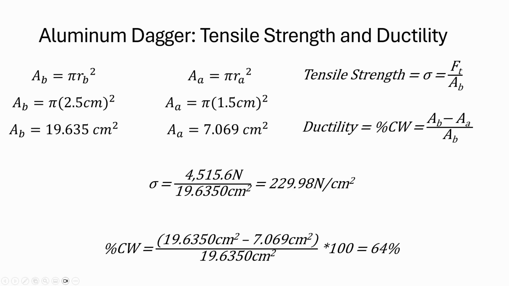Now we can use the formula original cross-sectional area minus the final cross-sectional area, all divided by the original cross-sectional area. We will then multiply by 100 to get a percent. This means we will do 19.635 centimeters squared minus 7.069 centimeters squared, all divided by 19.635 centimeters squared, and multiply all of that by 100 to get 64% for the ductility.